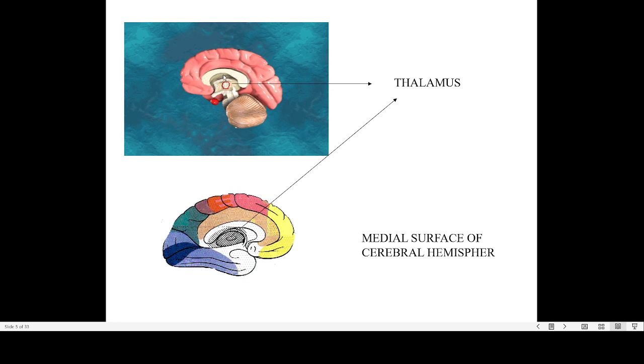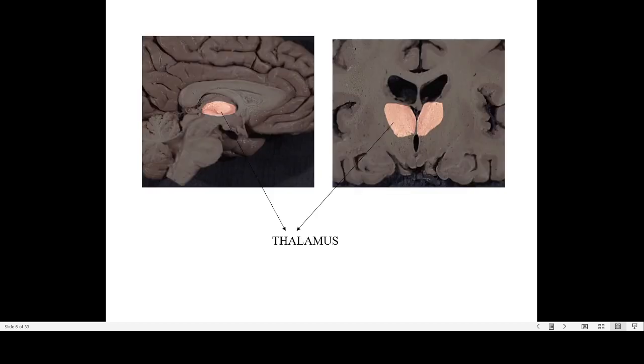Below that is the lateral ventricle and this is the fornix region, and related to this portion is the thalamus part. Below here again you will get the hypothalamic structure. This is usually in the medial surface of the cerebral hemisphere, where you can observe the thalamus part.